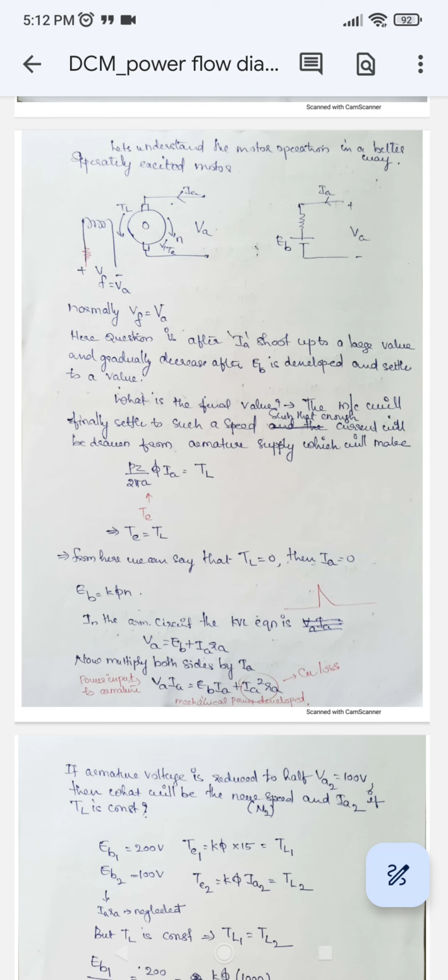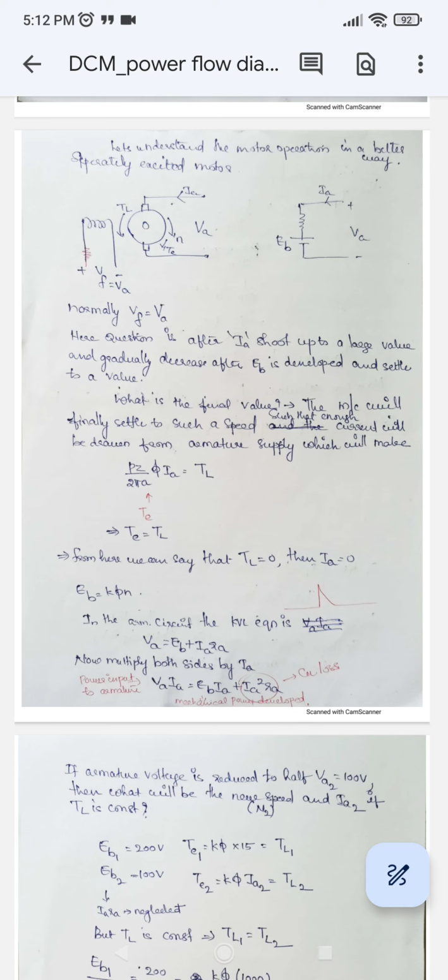We know that the current will shoot up to a large value and gradually decrease after EB has been built up, right, and settle to a value. What is that final value to which the current gets settled?